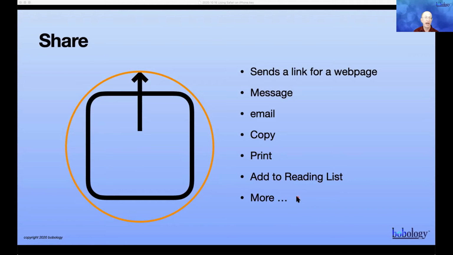You may have other applications installed that may change and make your share options a little bit different than other people, but that's how you get that web page from your phone or your iPad or your Mac. How you get that web page out somewhere else is you use the share button. So those are some things.